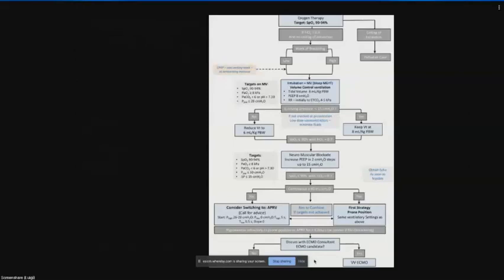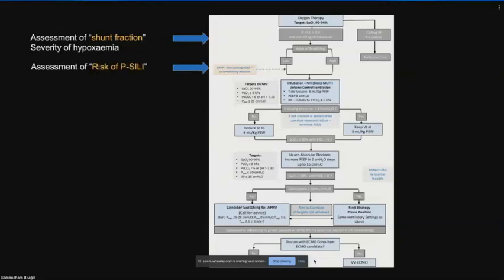And so based on that initial two phenotypes, we are treating these patients with respiratory failure, mainly hypoxemia from COVID-19, very differently depending on the two phenotypes. So there is a first stage where we want to assess shunt fraction and the severity of the hypoxemia. There is a second stage when we look at the risk of patient self-induced lung injury and therefore the progression from L into H phenotype.